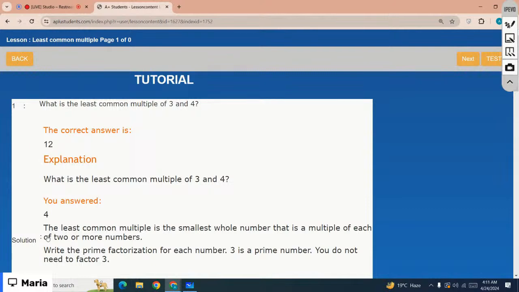When you're working on the least common multiple, the first thing you need to check is whether either of the numbers is prime. If either number is prime, they don't have any common factors, because a prime number has only two factors. In that case, you do not need to make the factors. You simply multiply both numbers. 3 is a prime number, so 3 times 4 is 12. That is the LCM of 3 and 4.